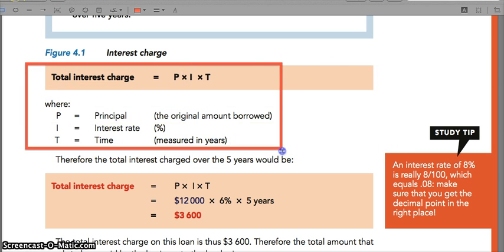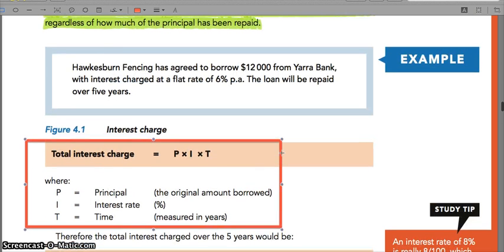You've got the principal, or the amount borrowed, which in this case is 12 grand. The interest rate is 6% per annum, and then the time is 5 years.